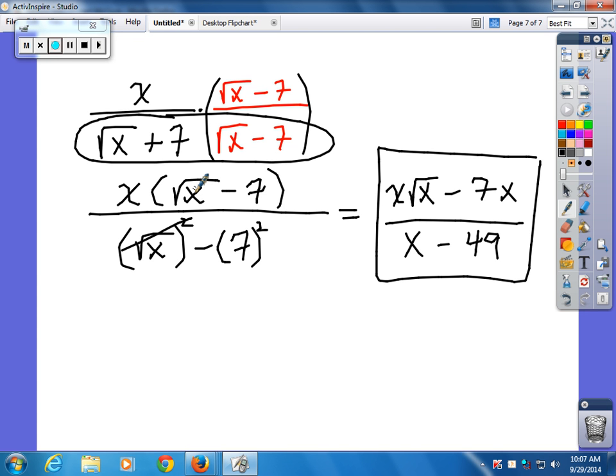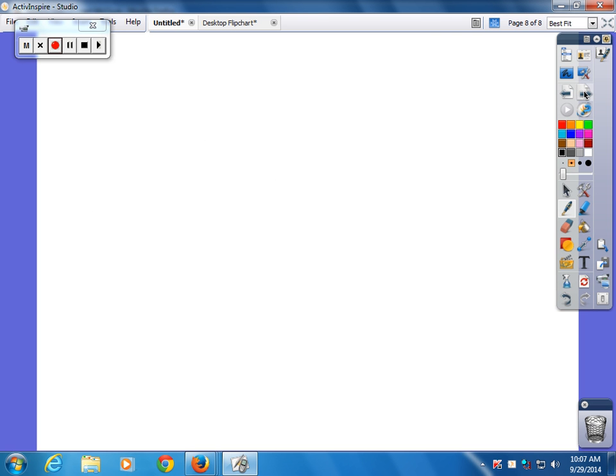All right, let's try another. Two over square root of x minus the square root of 5.